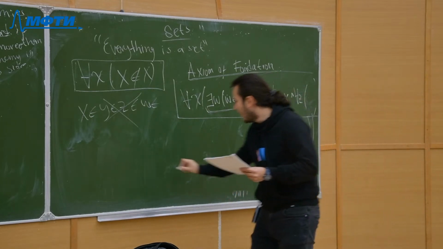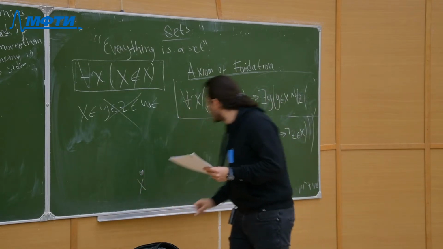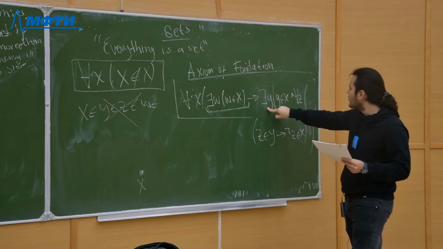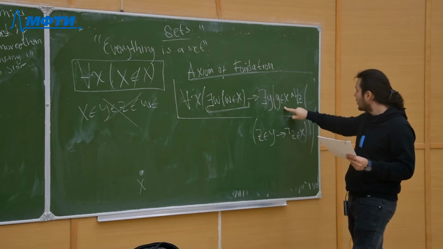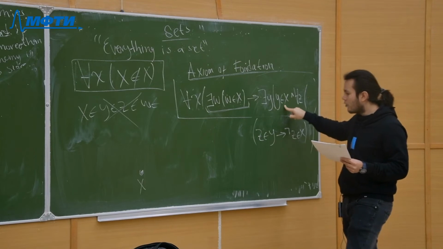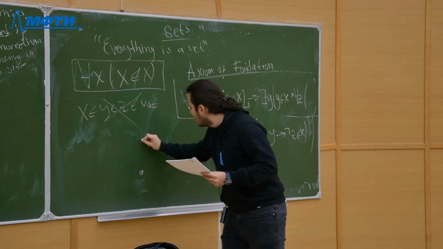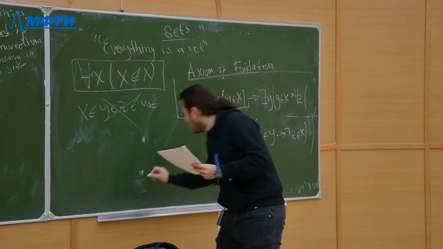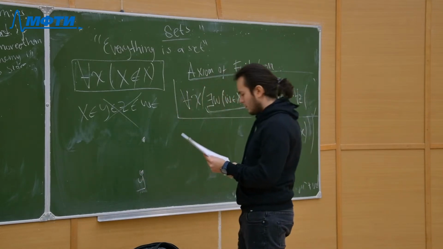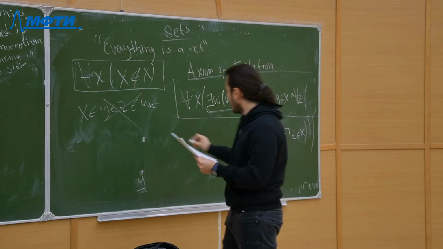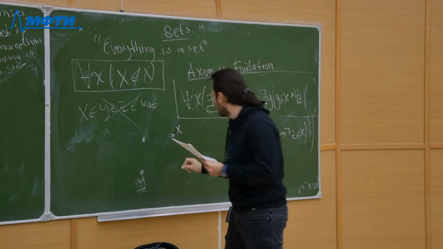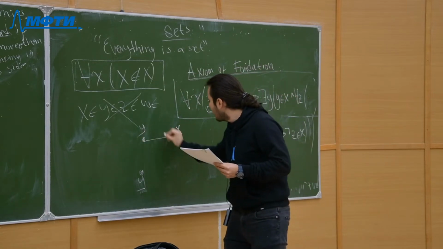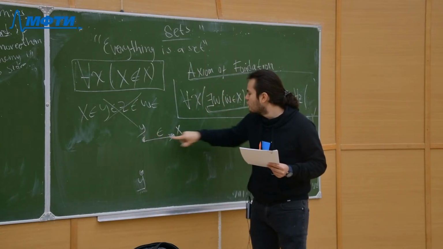Again, I have the set x, a non-empty set x, and then I say that there exists some y that is an element of x. So I have some x here, and then I have some y here. And I say that y belongs to x, right?